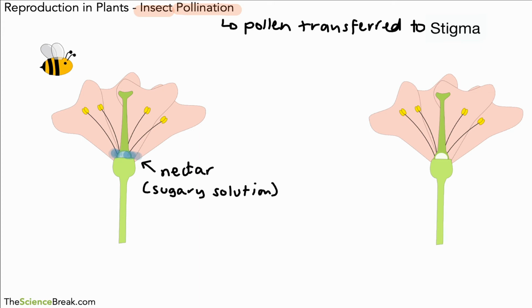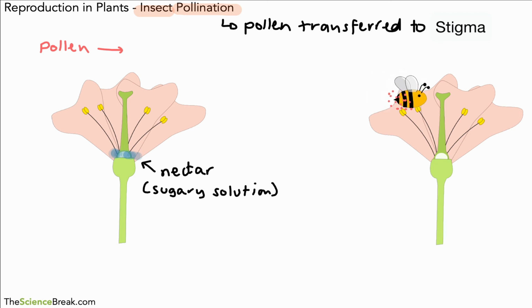So here comes the bee, makes its way into the flower to get the nectar. As it does that, it picks up some pollen from the anthers. So we can add the little pollen grains onto the bee there. There's some pollen grains. And then as it flies off to another plant, another flower, it's going to go there to get some more nectar.